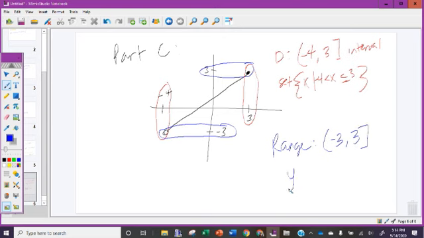My set would be y such that y is between these two. So y is between -3 and +3. And at +3, it's equal to, because it's included, it's a closed circle. And I add my braces. Okay, that's what part C is asking you to do.